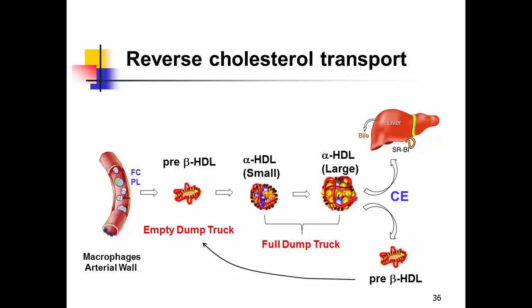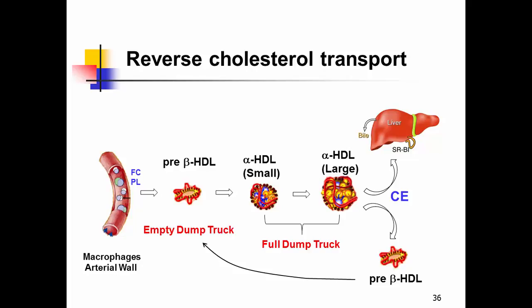So beta HDL is converted to alpha HDL, and then alpha HDL transports the cholesterol from the peripheral tissue and gives the cholesterol, particularly cholesterol esters, to the liver. The cholesterol esters are picked up by the liver through a receptor called the scavenger receptor. In the liver, the cholesterol can be used to synthesize bile acid and secreted into the small intestine and out of the body.